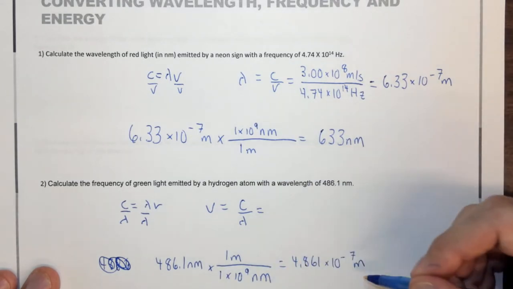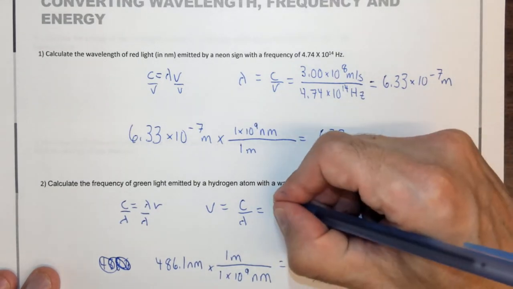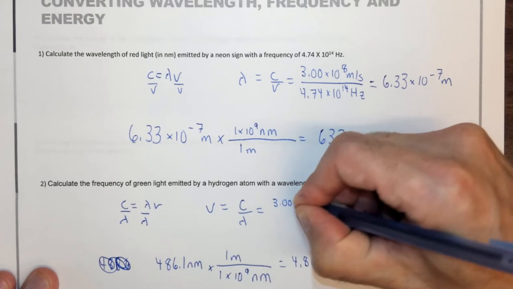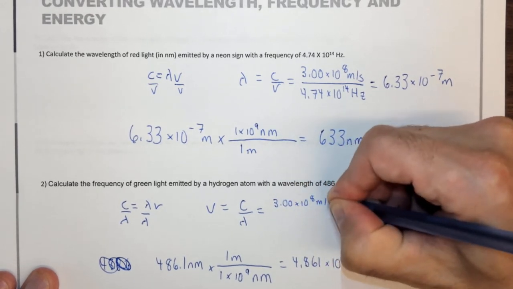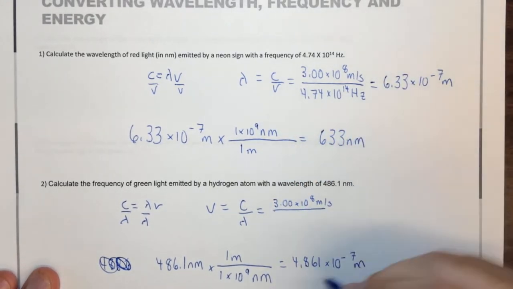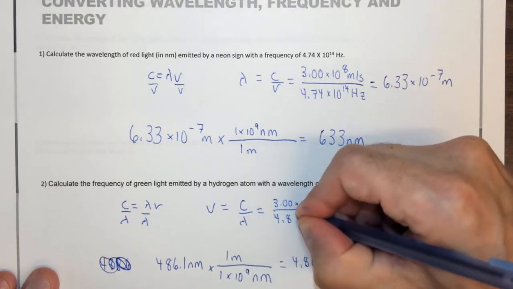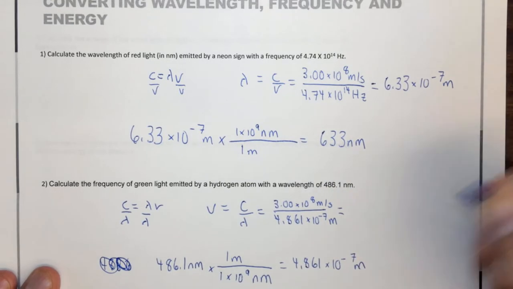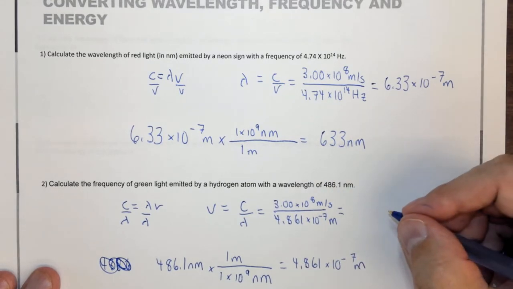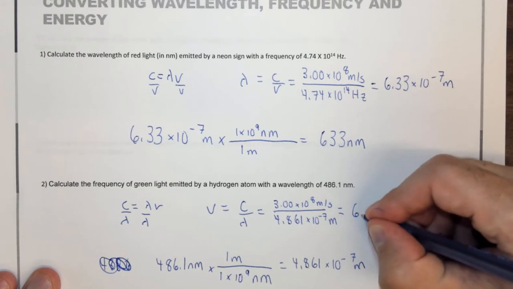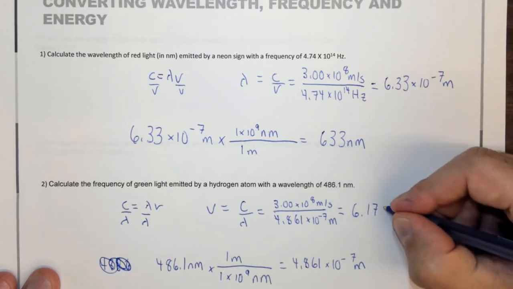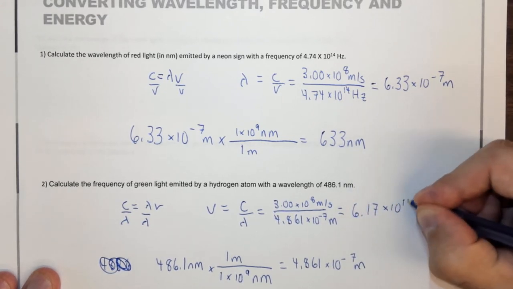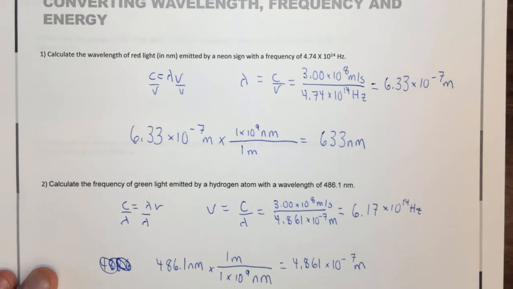Now we need to take these meters and plug them in. So we use 3 times 10 to the 8th meters per second, the speed of light in a vacuum, divided by 4.861 times 10 to the minus 7 meters. When you do that math, you find that the frequency is, to 3 significant figures, 6.17 times 10 to the 14 hertz.